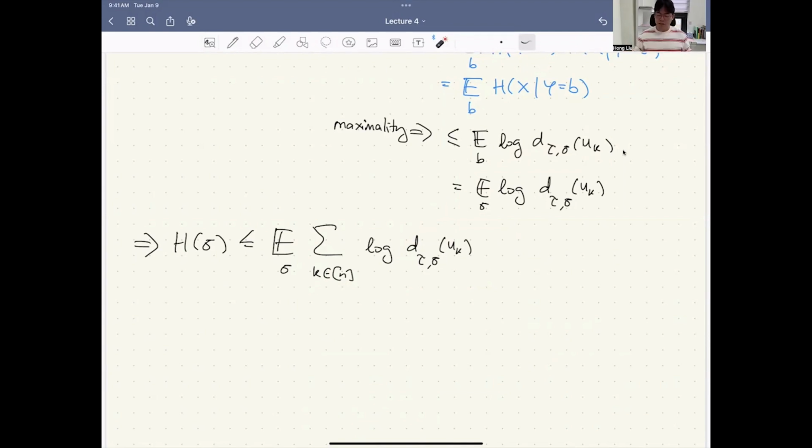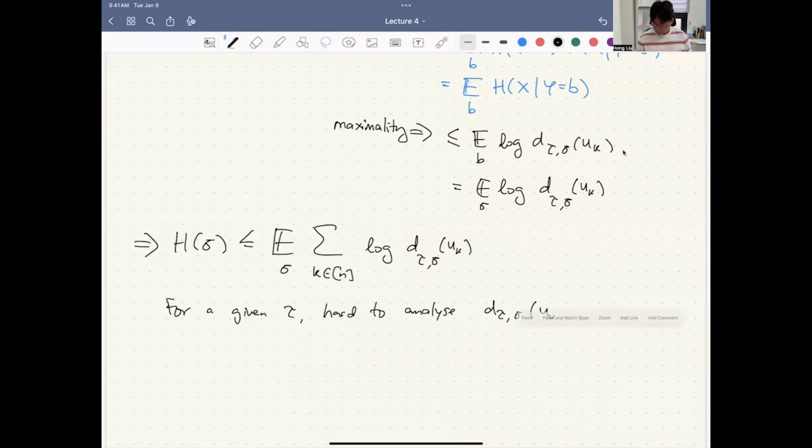So the clever idea is to introduce another layer of randomness.